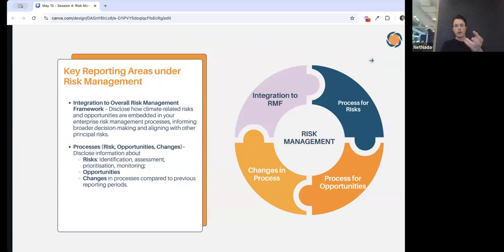This slide very simply directly aligns with paragraph 25 from the AASB S2, which just sets out the minimum disclosure requirements for risk management. So we look at integration to our RMF, we look at processes for our risks, processes for our opportunities, and also changes in the process.